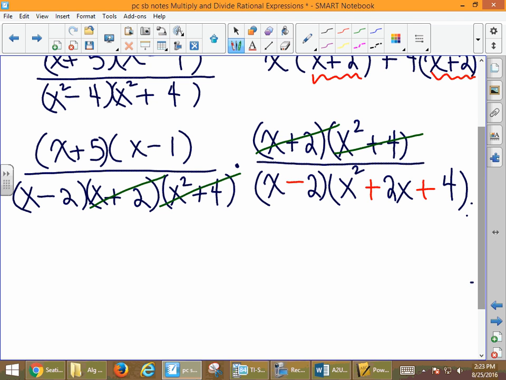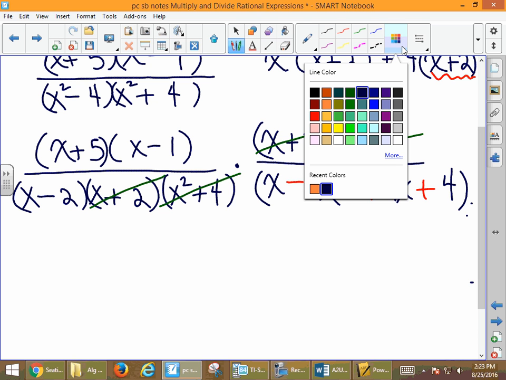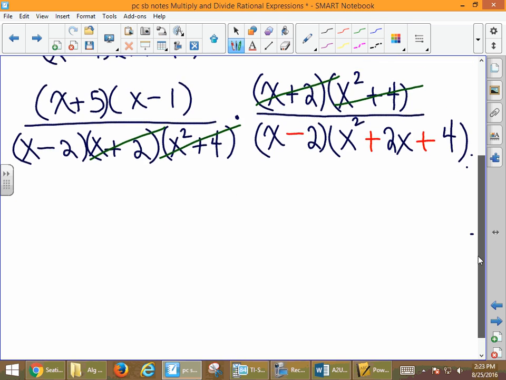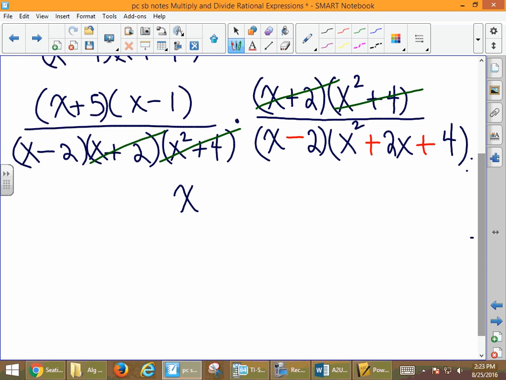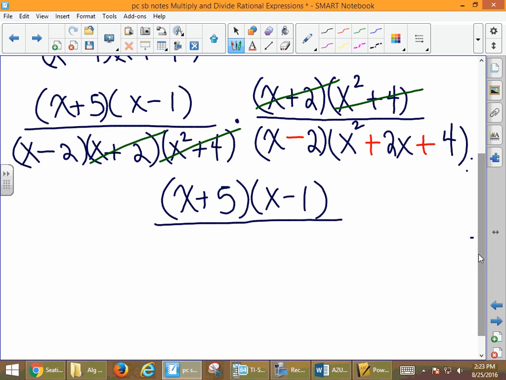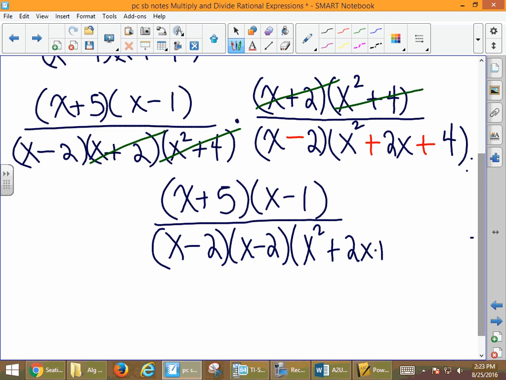We don't have anything else that's exactly the same on the top and the bottom. So it looks like we're left with x plus 5 times the quantity x minus 1 divided by x minus 2 times x minus 2 times x squared plus 2x plus 4.